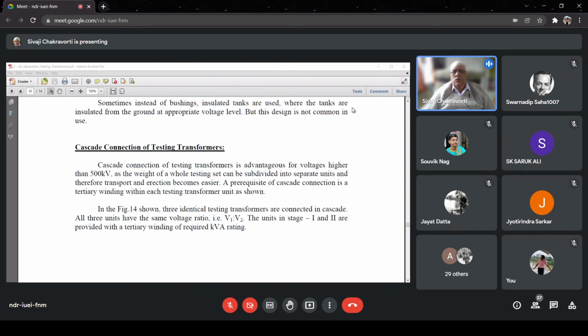First of all, how it will be transported, but not only transported, then finally, when it comes to our laboratory, the laboratory should be such that we are able to bring this equipment inside.